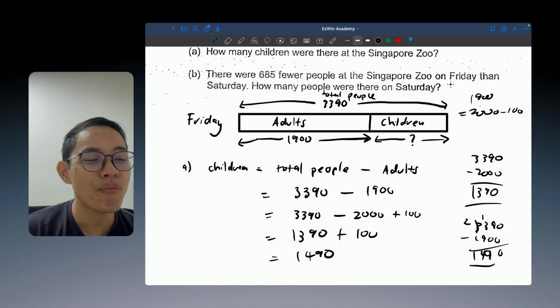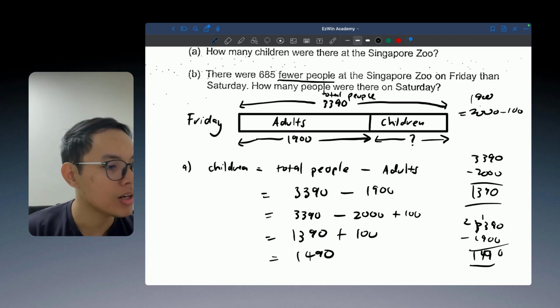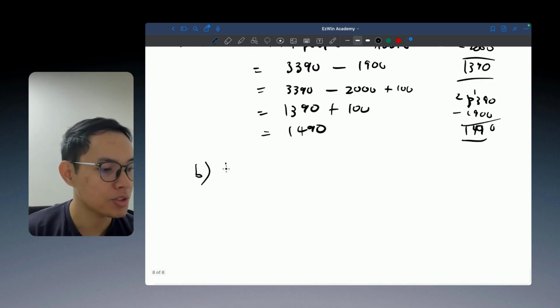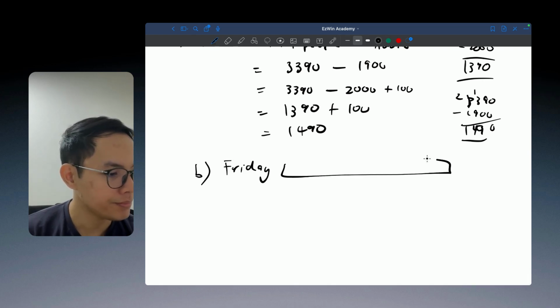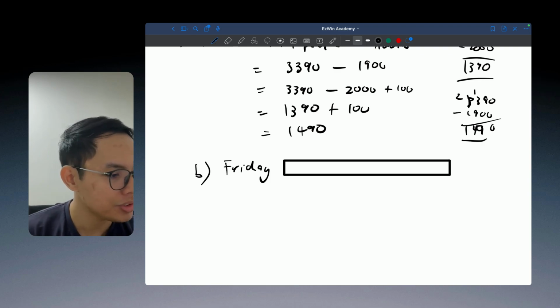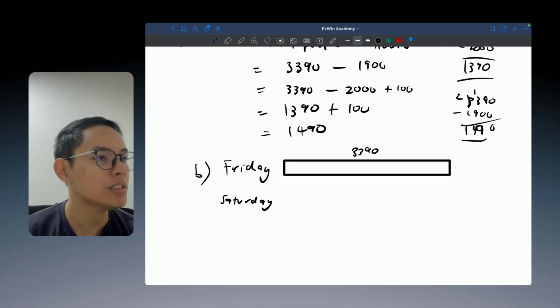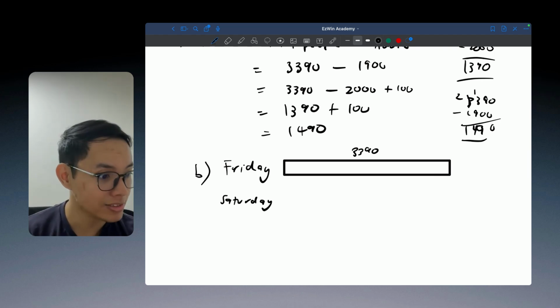So what is fewer people? Fewer people means, if I were to draw for you, Friday is 3,390, right? And then you have Saturday over here. So fewer means more or less? Less, right?